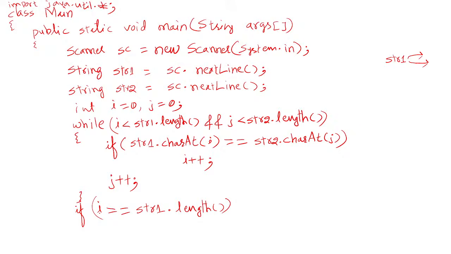What you need to do is print directly. You can print here: System.out.println, because I am writing inside the main. So you can print true here, otherwise you can print false.